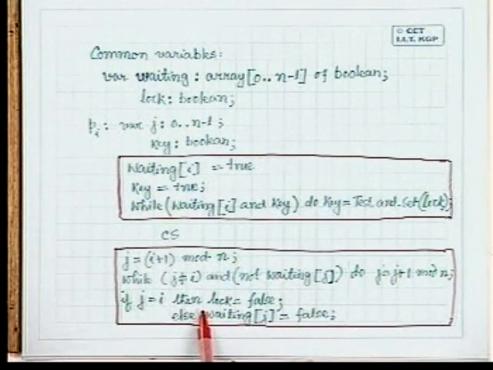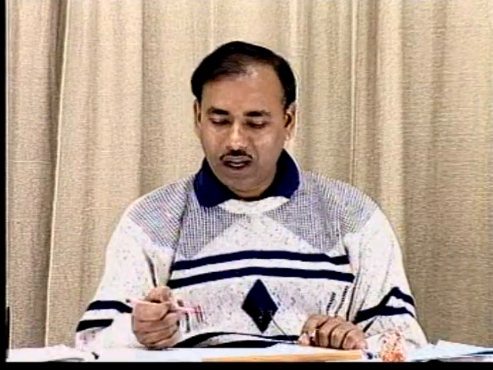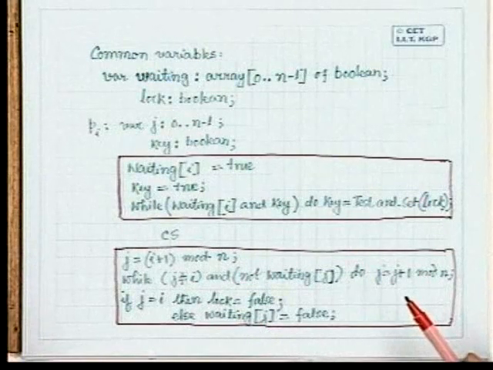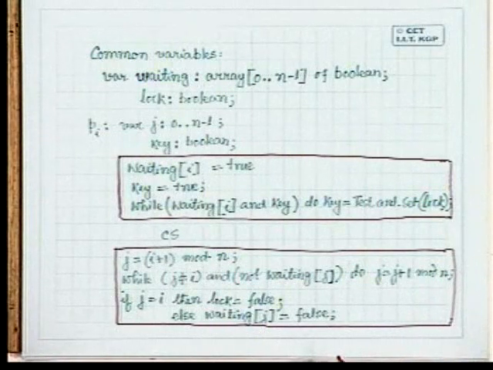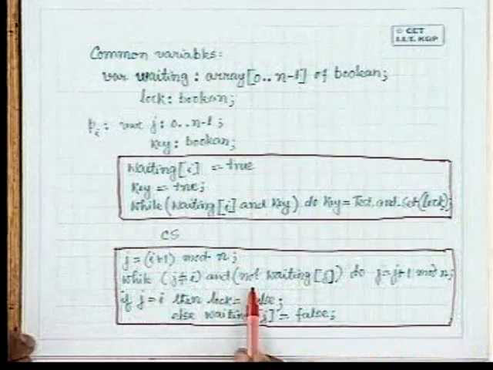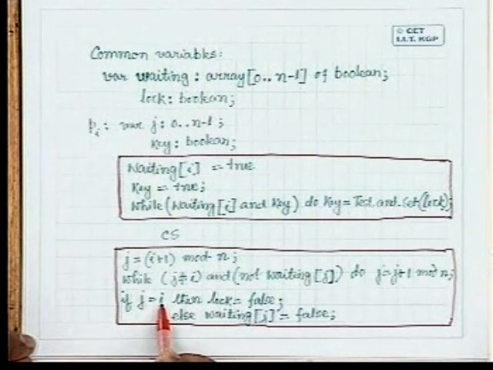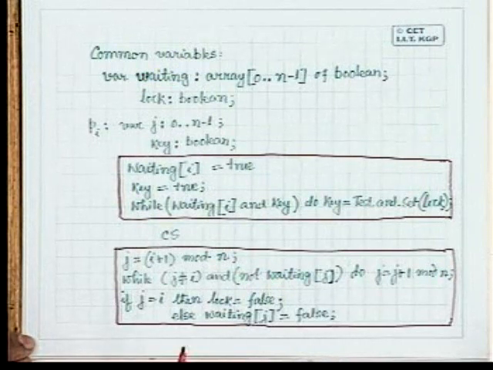After that, I have to set a condition so that either I can go back to the initial setting, or I will enable the other process in the sequence who wants to enter the critical section to enter it. At the end of this while loop, if I find that j is equal to i, that means I have followed the entire chain but didn't find any other process willing to enter the critical section.